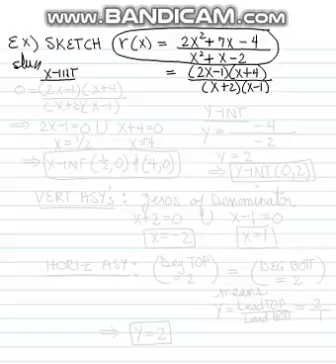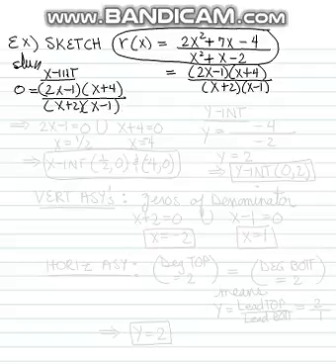The x-intercept is found by setting y equal to 0 and solving, and we do have our factored form, so it's easier to work with. So we're going to set y equal to 0: 0 equals 2x minus 1 times x plus 4 over x plus 2 times x minus 1.